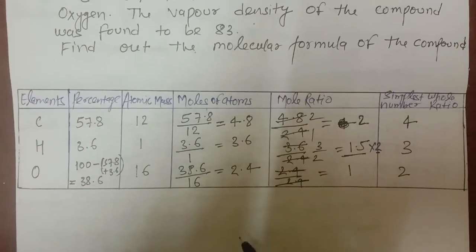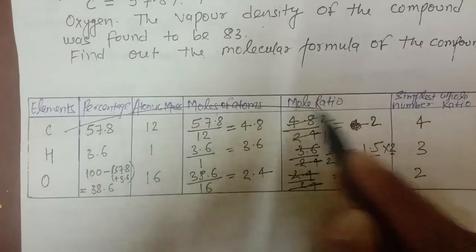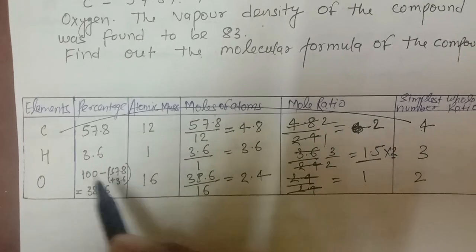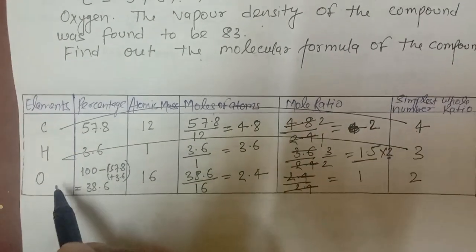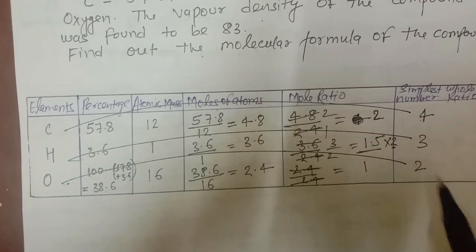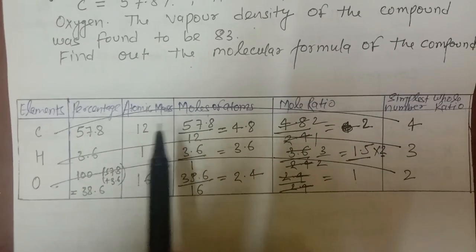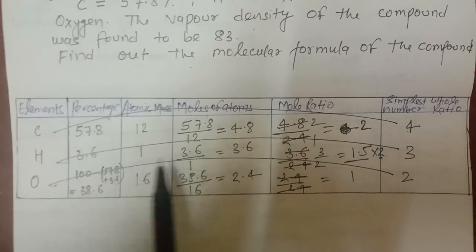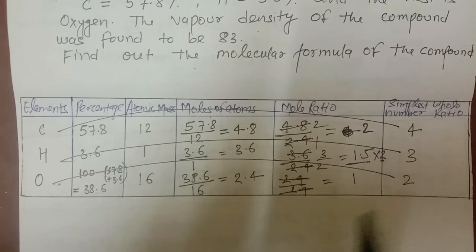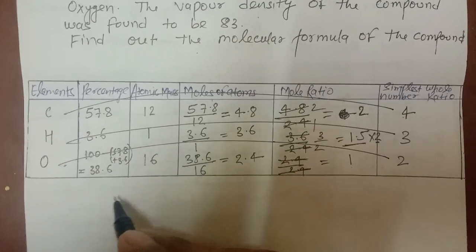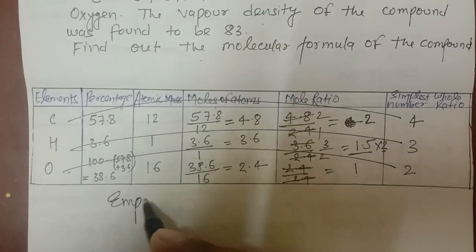So now up to this we got the number of carbon atoms, that is C4, hydrogen atoms 3, and the simplest whole number ratio of oxygen equal to 2. So the simplest whole number ratio is carbon 4, hydrogen 3, oxygen 2. Now we will find out the empirical formula.